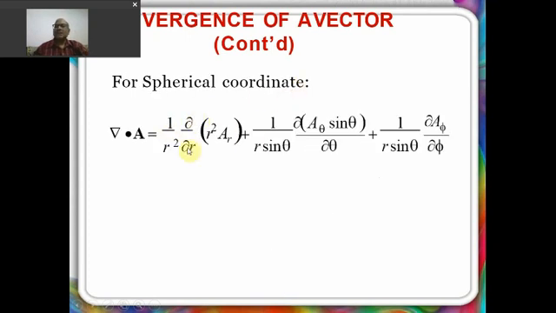For the spherical coordinate system, again del is in spherical coordinates and A is also in spherical coordinates, and then we find the dot product of the two. We will find that it is 1 by r squared del by del r of r squared Ar, plus 1 by r sin theta del by del theta of A theta sin theta, plus 1 by r sin theta del A phi by del phi. This way we can find these values.